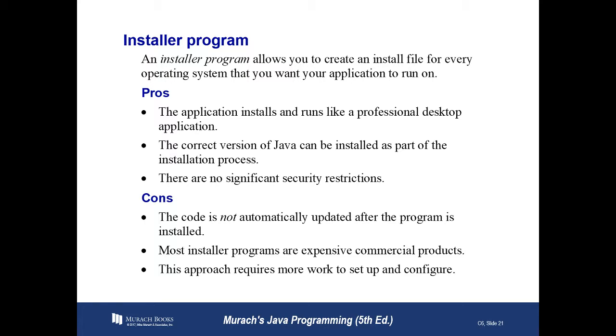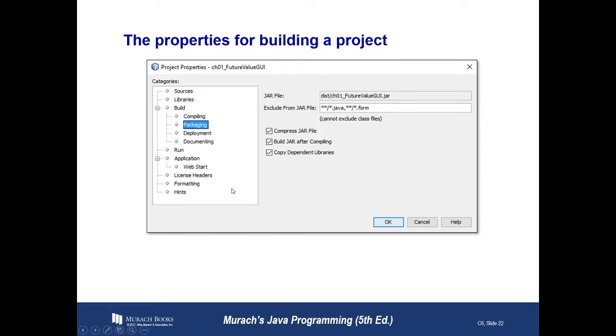This is a standard way of installing software. The cons, though, the code is not automatically updated after the install. Most of these installer programs are pretty expensive, and this approach requires more work to set up and configure. So all of these options are available to us when we want to release a version of our software package.